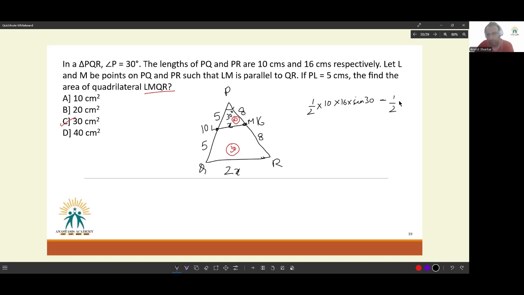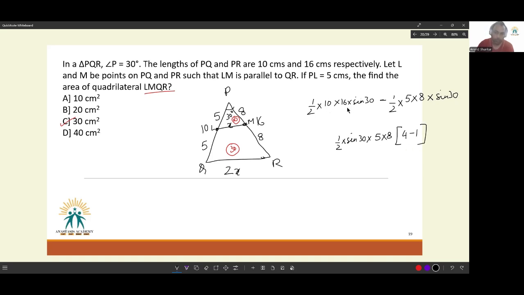So sine 30 is half. I can take half out common, I can take 5 out common, 8 out common. I'll be left with half into sine 30 into 5 into 8, 4 minus 1. This is what I'll be left with.